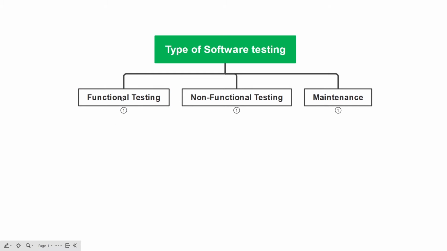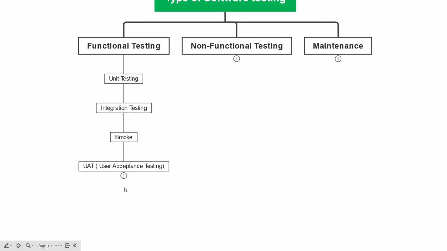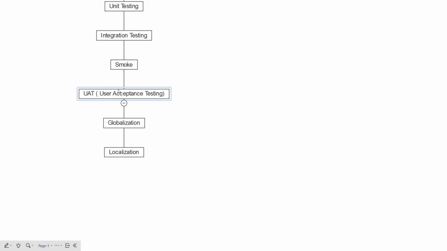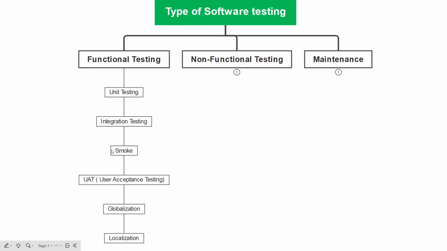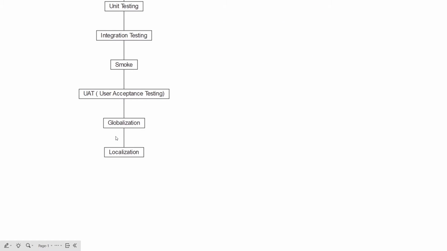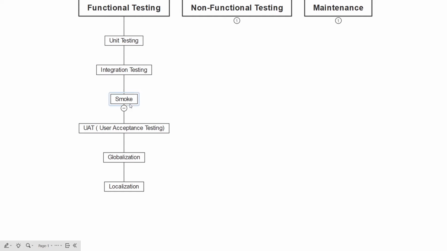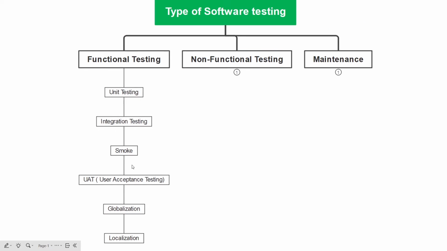There are many types of functional testing, like unit testing, integration testing, smoke testing, user acceptance testing, globalization, and localization. I can mention only a few of the types of functional testing. We can learn each and every type in upcoming videos.